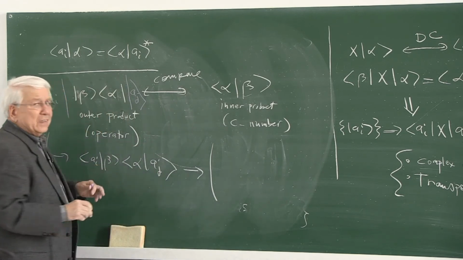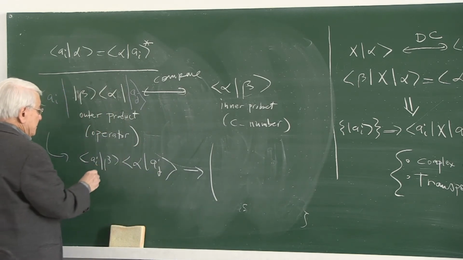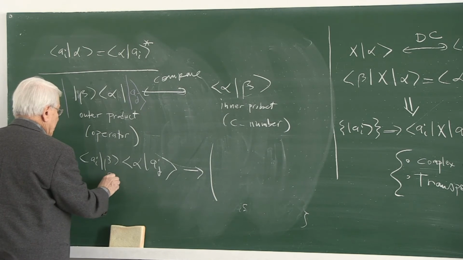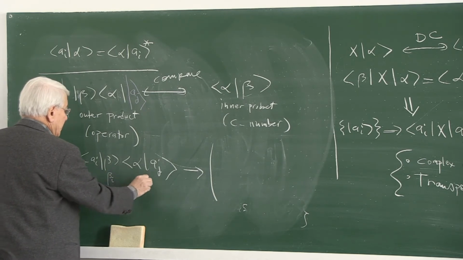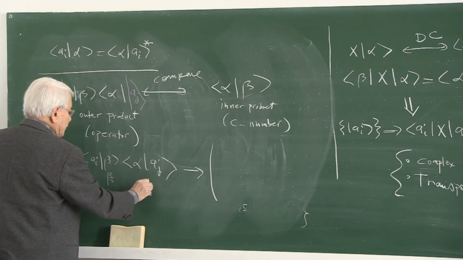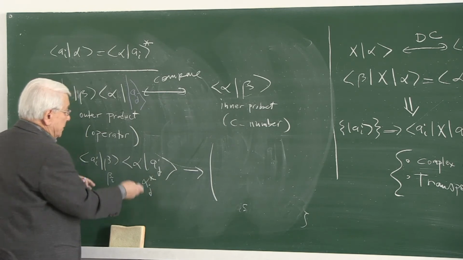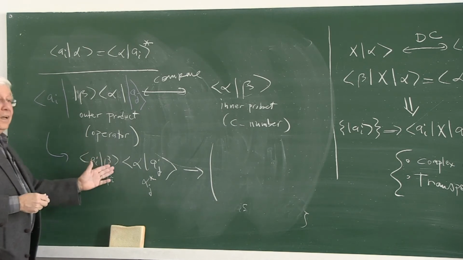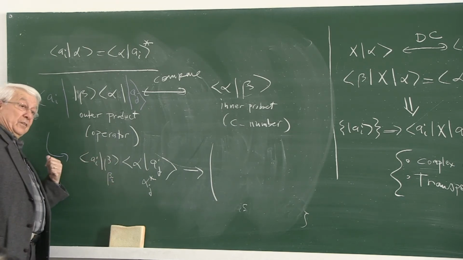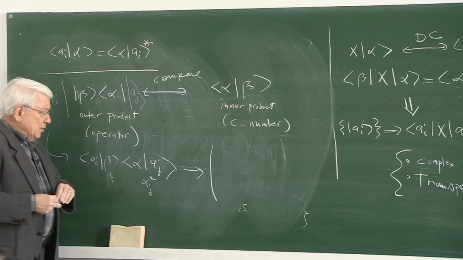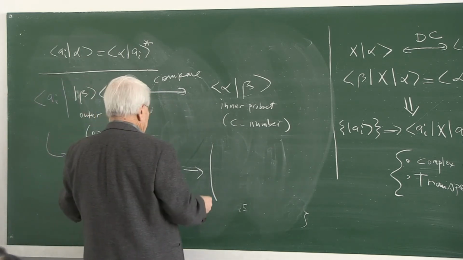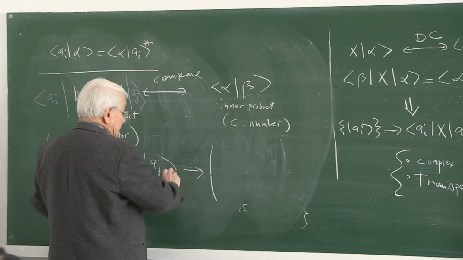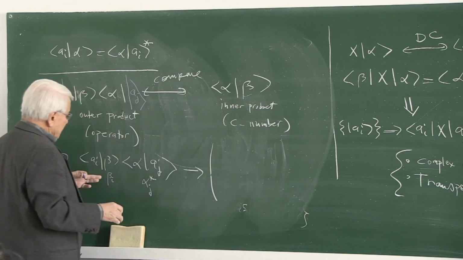Let me give them names. This is beta_i, for instance. This is alpha_j star, because we go around and define the ket from the right and the projected vector on the left. So it has an expression of this form. So what is the matrix representation? It's not equal, it corresponds to, it's a representation.